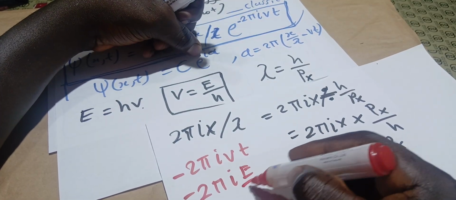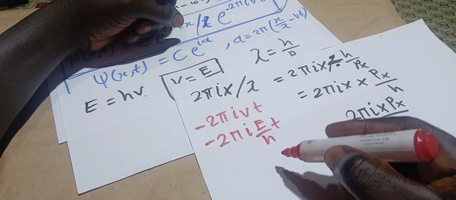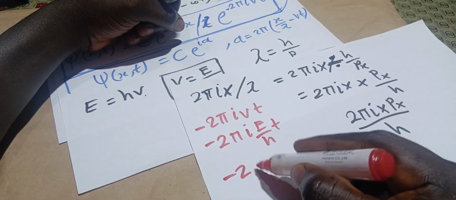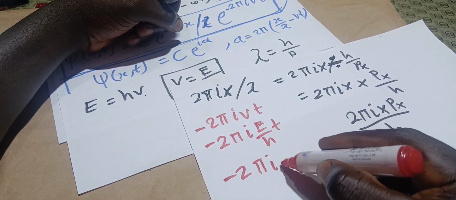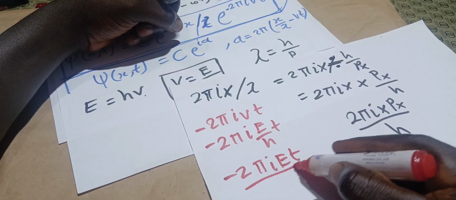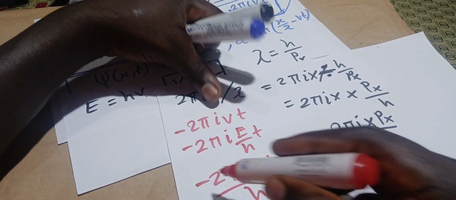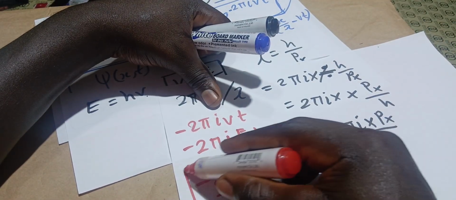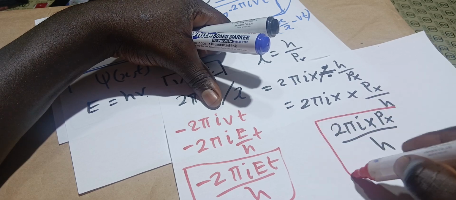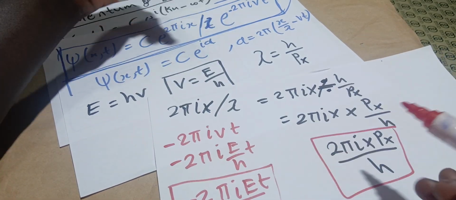So E over h times t. We can rewrite this whole term as minus 2 pi i E t all over h. So now let's adjust the exponent by these terms.